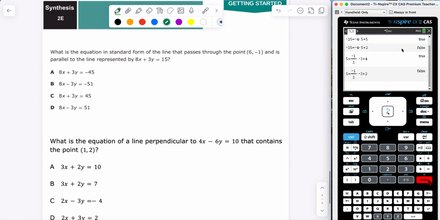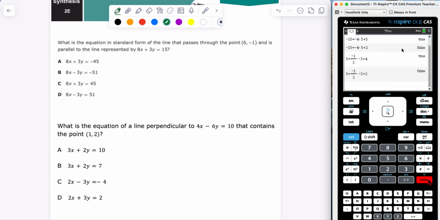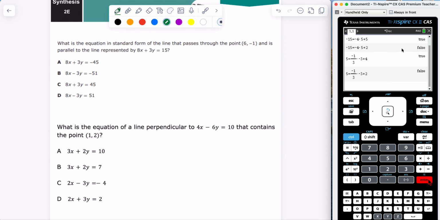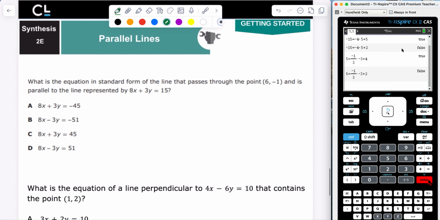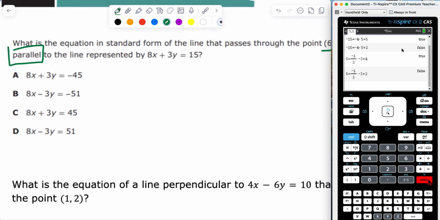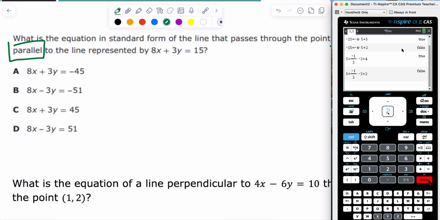Now for the next one, this is where it gets a little bit more difficult. It says, what is the equation in standard form of the line that passes through the point 6, -1, and is parallel to the line represented by 8x plus 3y equals 15. So this is the most important part. Parallel means same m. True, false.